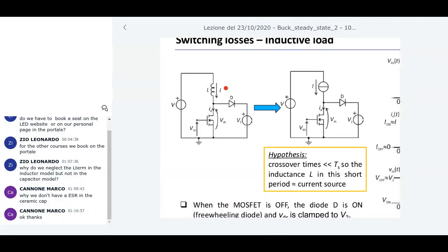This is why this circuit is most useful in power estimation compared to the previous one. In this circuit we have a MOSFET, a diode, and an inductor. As you can see, this circuit is what I call the switching network. Remember the switching network that I described as a basic building block of the buck. It happens also here.